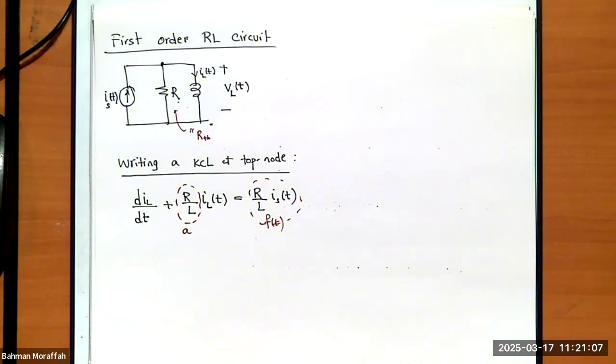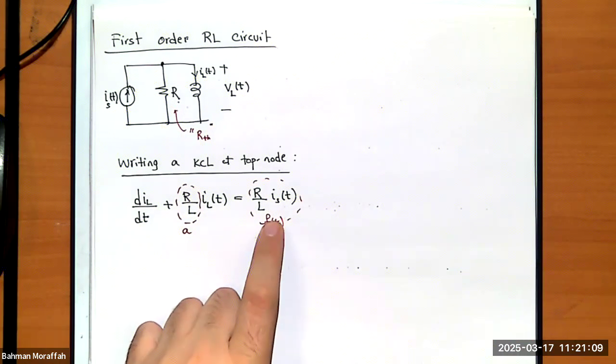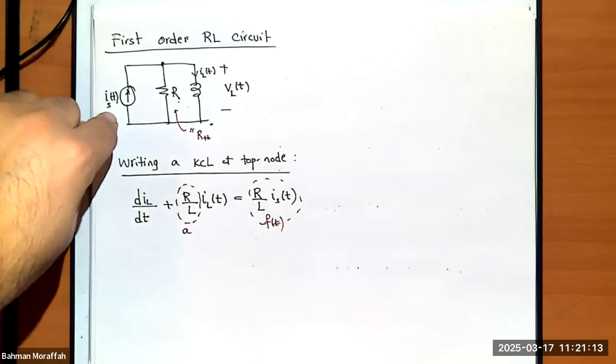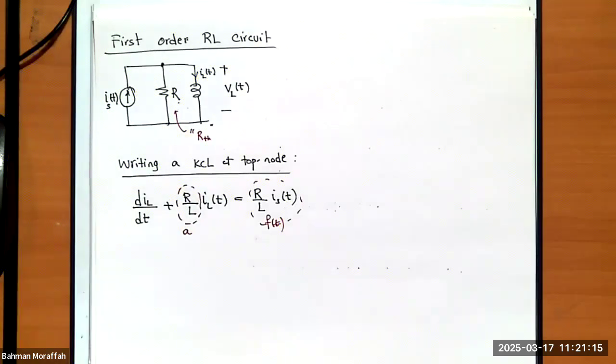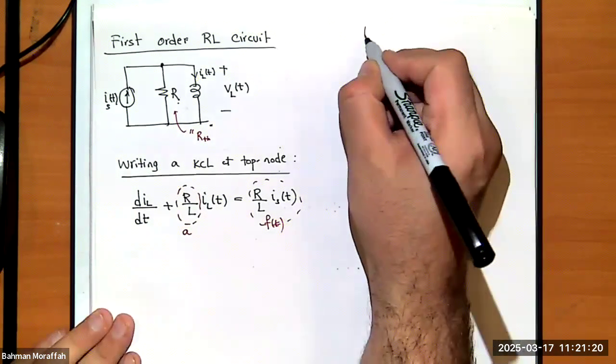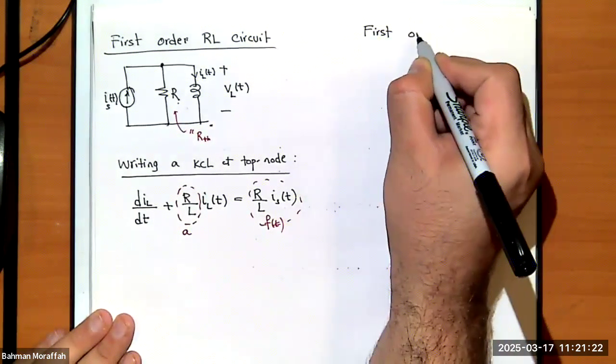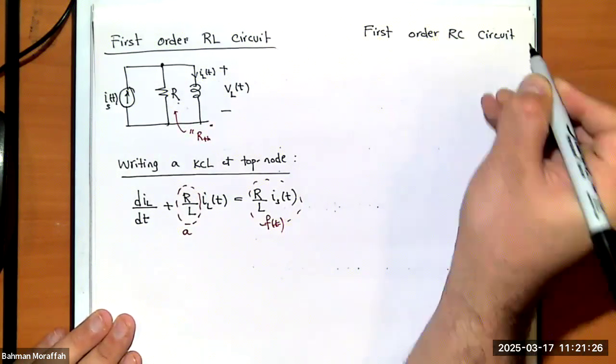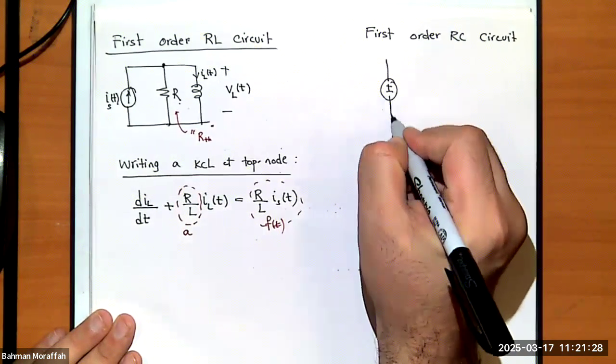As you can see, this f of t, which is a force function, is a function of your input source, right? We also said the most general way of looking at a first order RC circuit is by looking at this circuit.